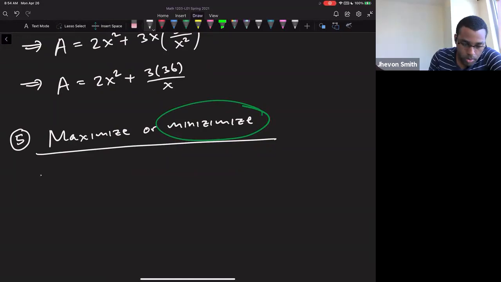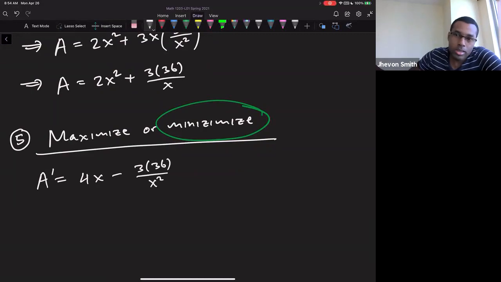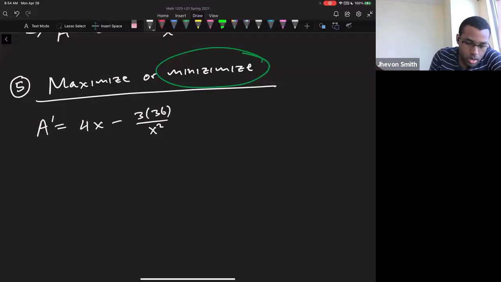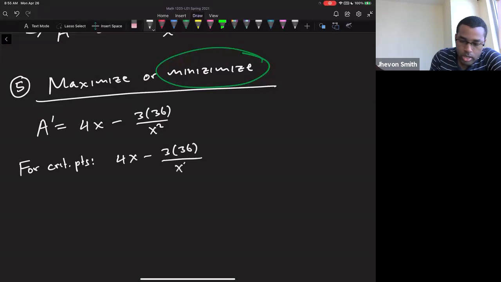So here, of course, we're going to solve for A prime. This is going to be 4x minus 3 times 36 over x squared, because the derivative of 1 over x is minus 1 over x squared. And so for critical points, you need 4 minus 3 times 36 over x squared equals 0 or undefined.